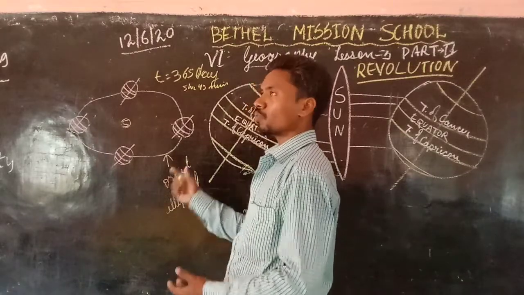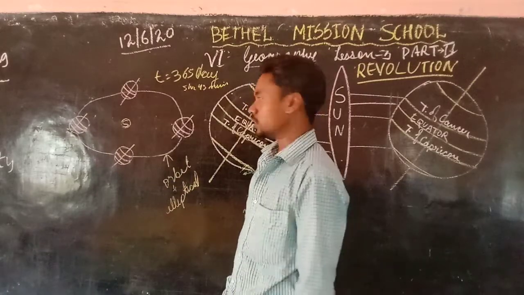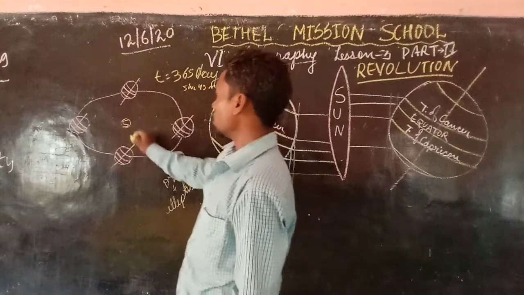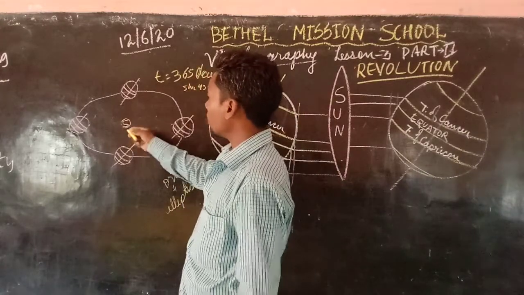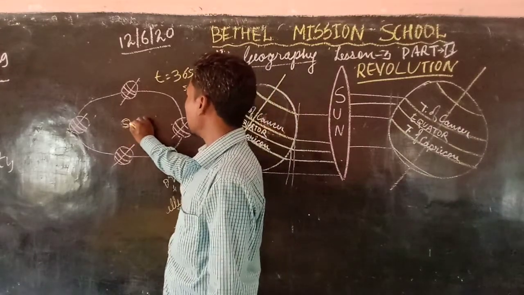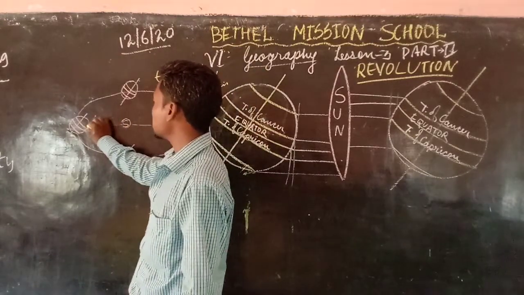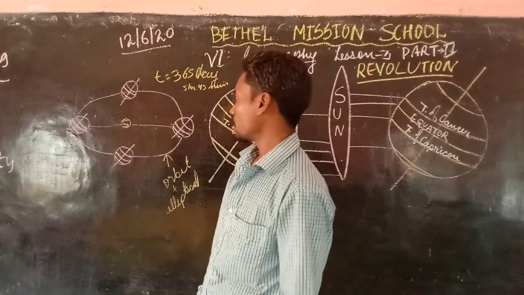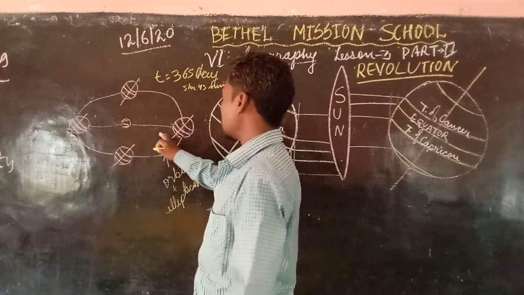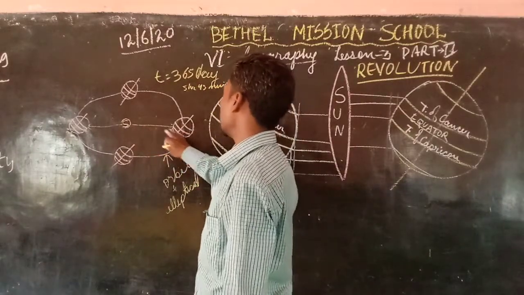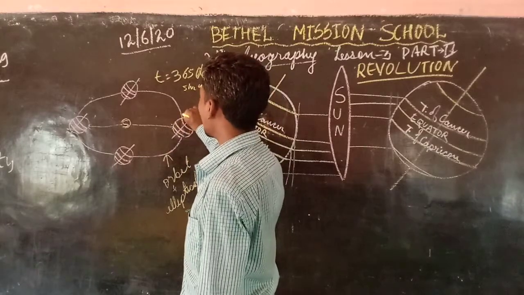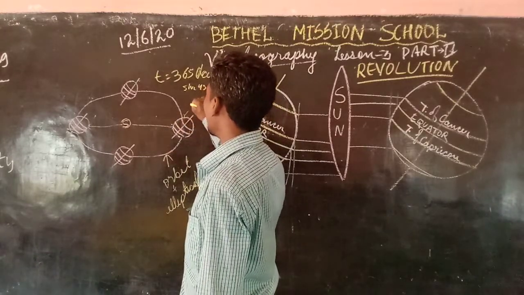So in an ellipse, we have a special condition that at one point the earth is at the maximum distance from the sun, and at one point the earth is at the minimum distance from the sun. The place where it has the maximum distance, this period is called aphelion.